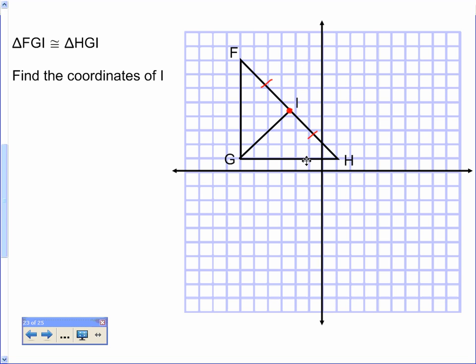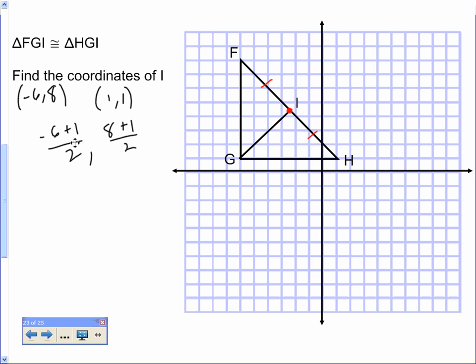So F is at negative 6, 8. Okay, there's F. H is at 1, 1. So for the midpoint, I'm going to add my x's and divide by 2, and add my y's and divide by 2.